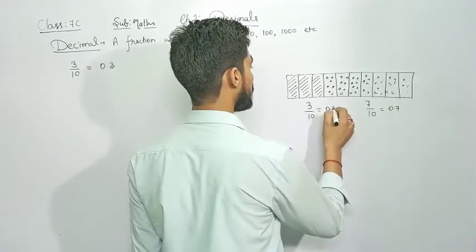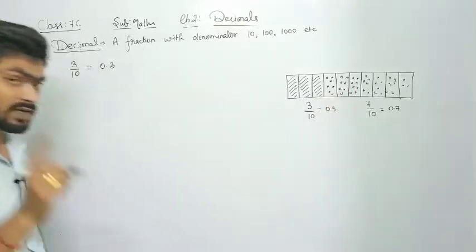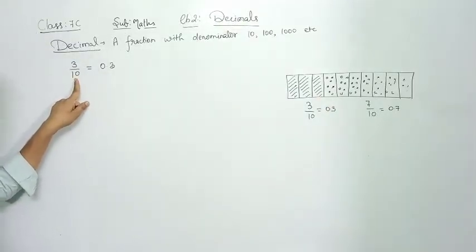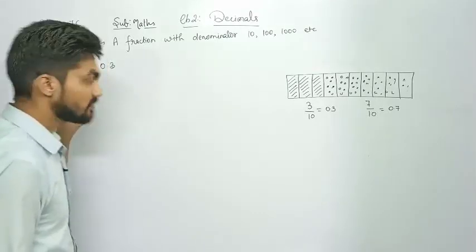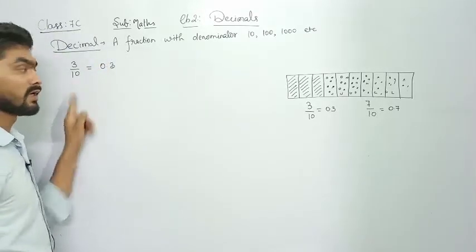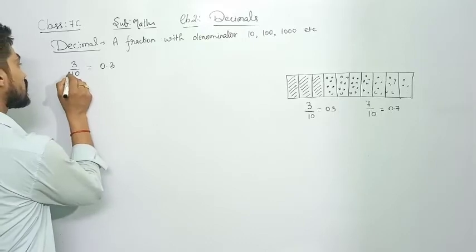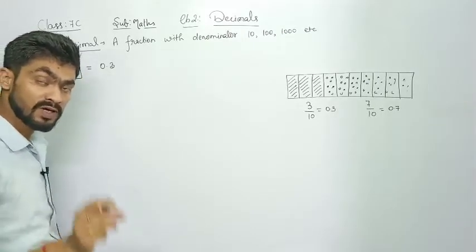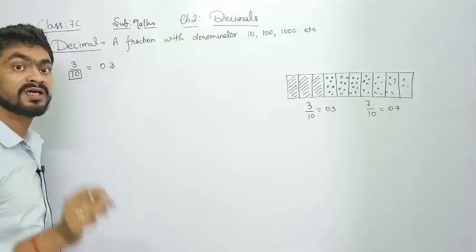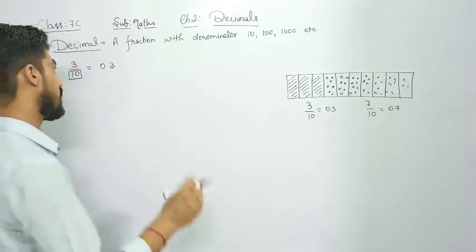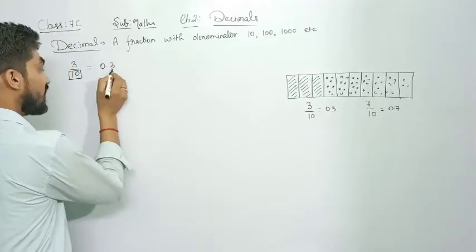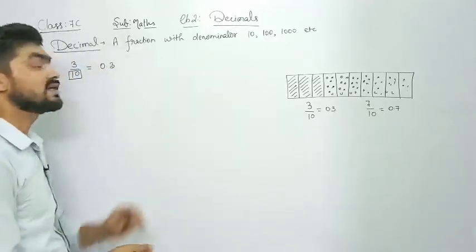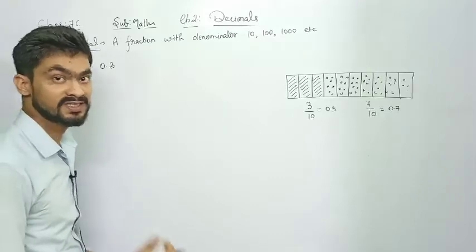Now my dear children, see, we have only one zero in the denominator after 1. Whenever we have the denominator as 10, 100, 1000, 10,000, etc., we will have that many digits to the right of the decimal point.